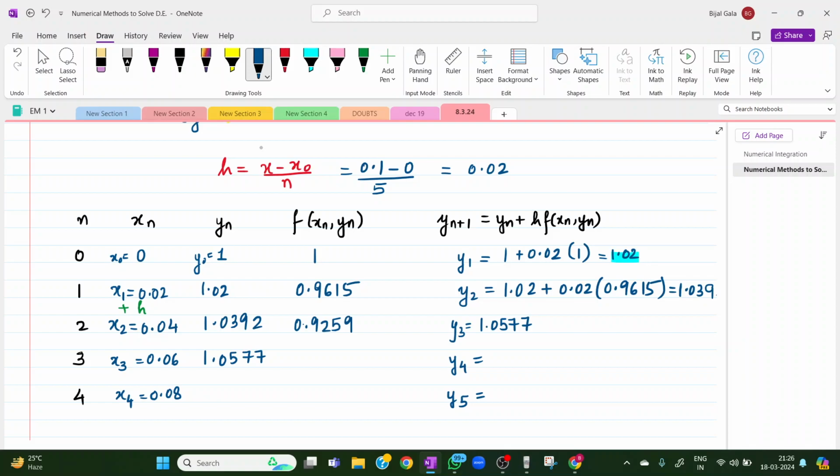Did you all get the value of y4? 0.892. Always find it to 4 decimals, साकेत. 3 decimal में नहीं रुकना है. 0.8926 आना चाहिए. Check करो.